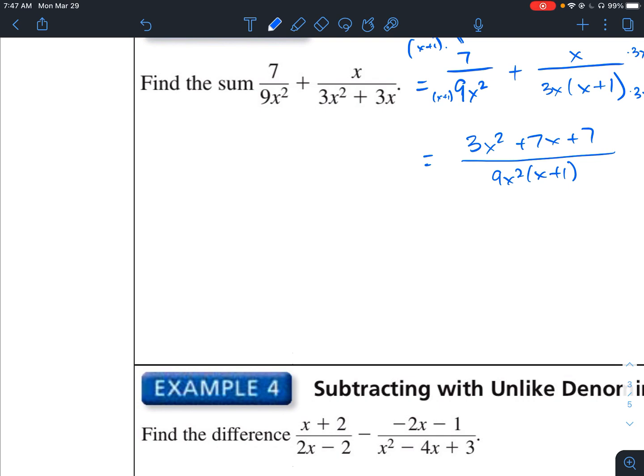Because then I'd have to multiply this side by 3x and x plus 1.